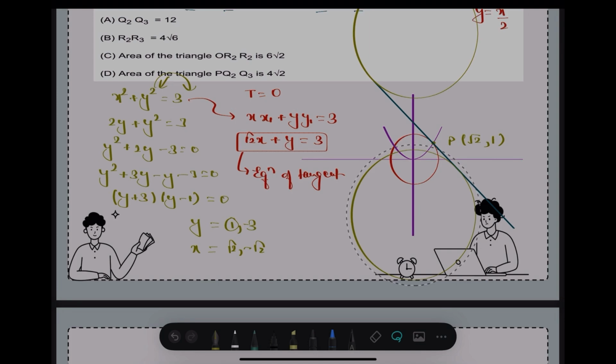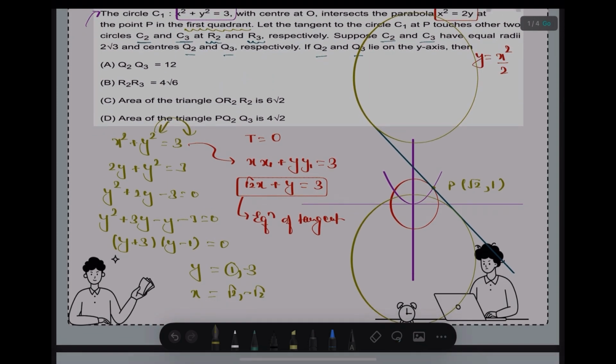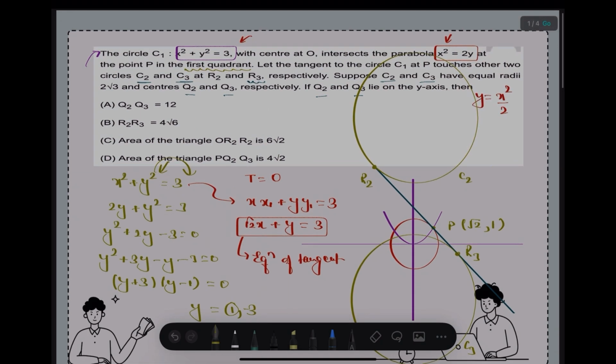Yes, so we have drawn C2 and C3. Suppose this is C2, and C2 is making contact at R2. Suppose this is C3, and C3 is making contact at R3. The radius is the same, 2 root 3, and the centers are Q2 and Q3.